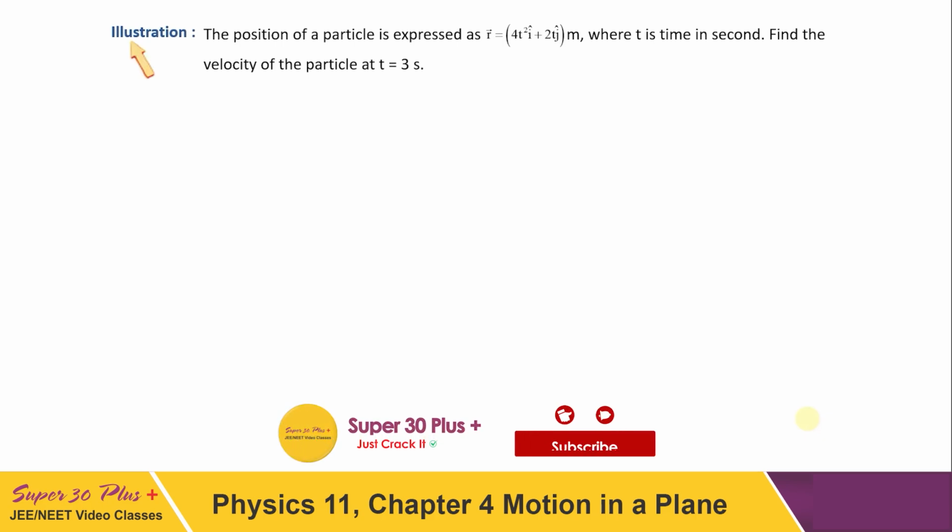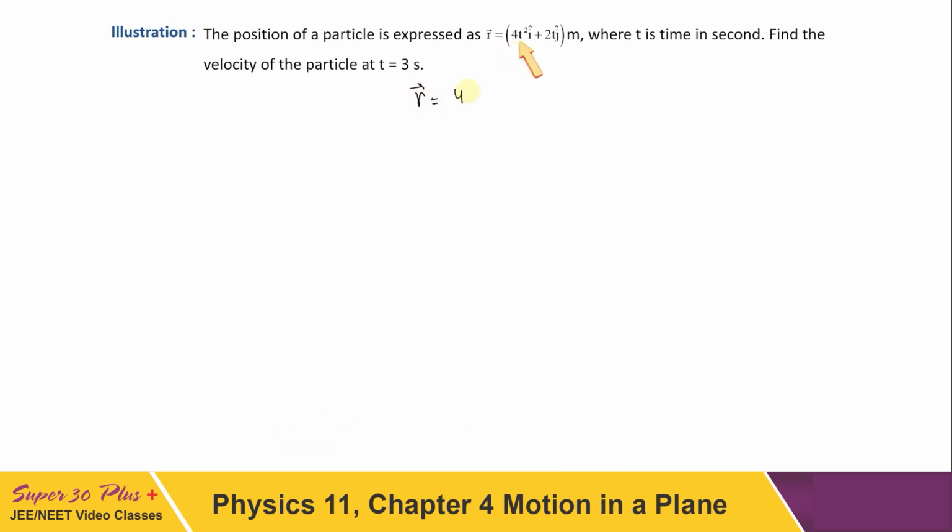In the first example, the position of a particle is expressed as r, the position vector is given here, that is 4t square i plus 2t j. Find the velocity of the particle at t equal to 3 seconds.